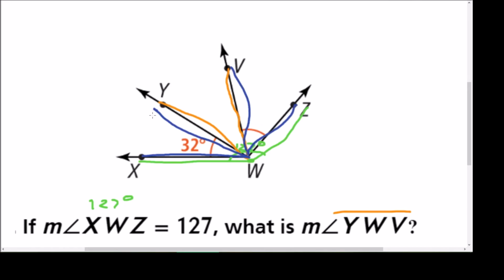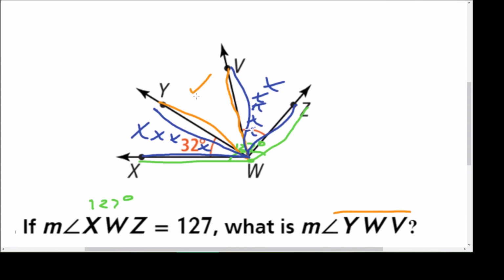So we don't want this. We don't want this. We do want this. So we take our total angle, XWZ, and we look for all the information given to us to see if we can figure out how to remove the value of this angle and the value of this angle. Oh, that's not a good eraser at all.